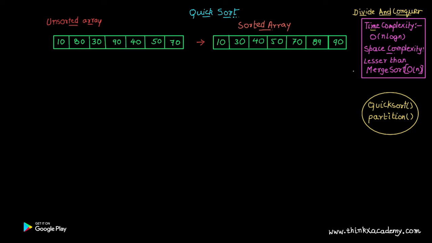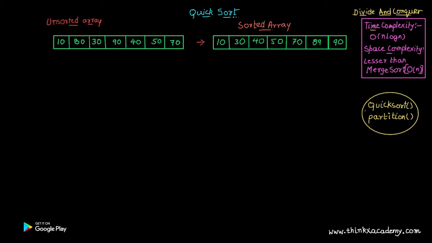So in merge sort, if you remember, we were dividing a particular array into two equal halves, and we were storing those two sub arrays into left and right arrays. So we were allocating those sub arrays into the memory. But in the case of the quicksort algorithm, we are not going to do that.